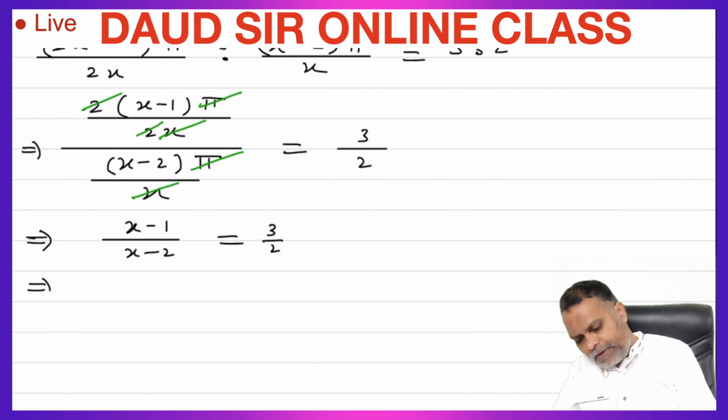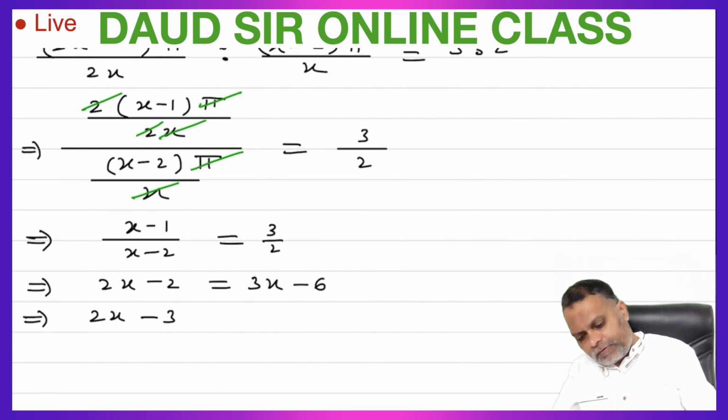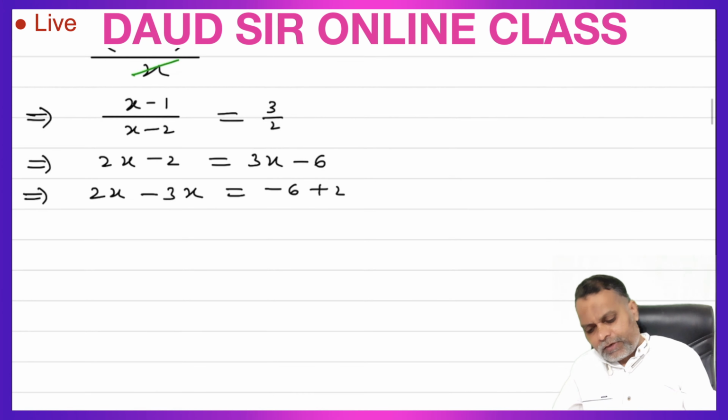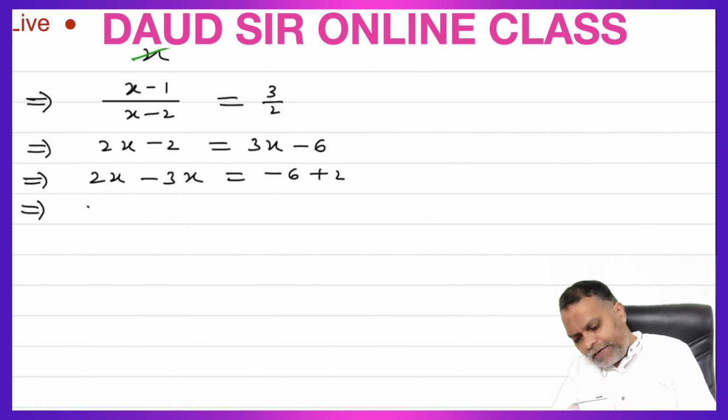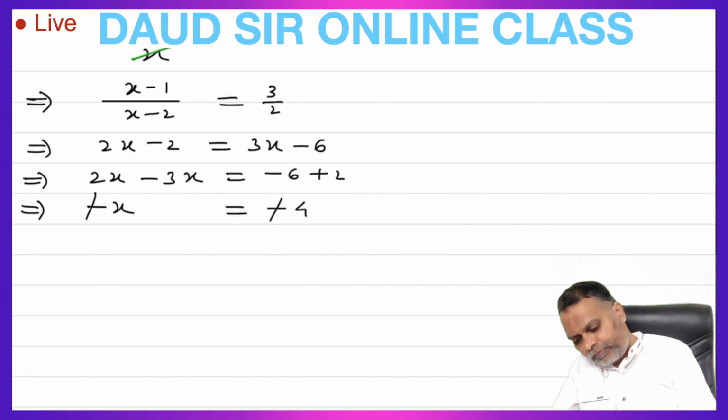By cross multiplying, 2x minus 2 is equal to 3x minus 6. Shift the terms, 2x minus 3x is equal to minus 6 plus 2. Minus x is equal to minus 4. Negative negative cancelled. Therefore, x is equal to 4.